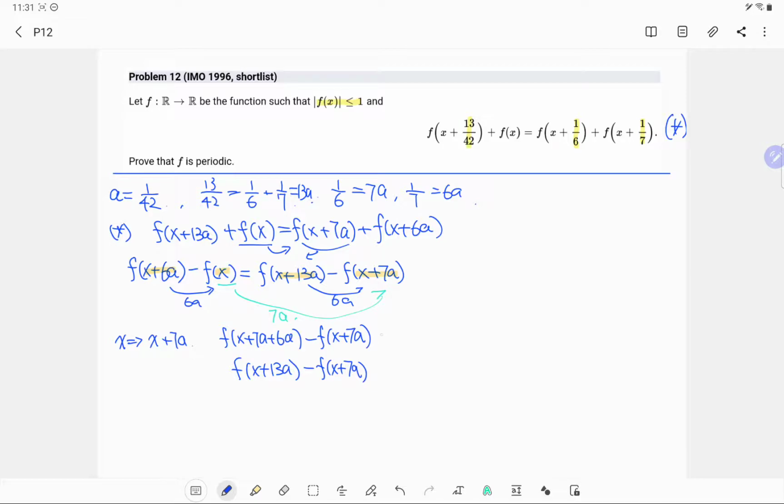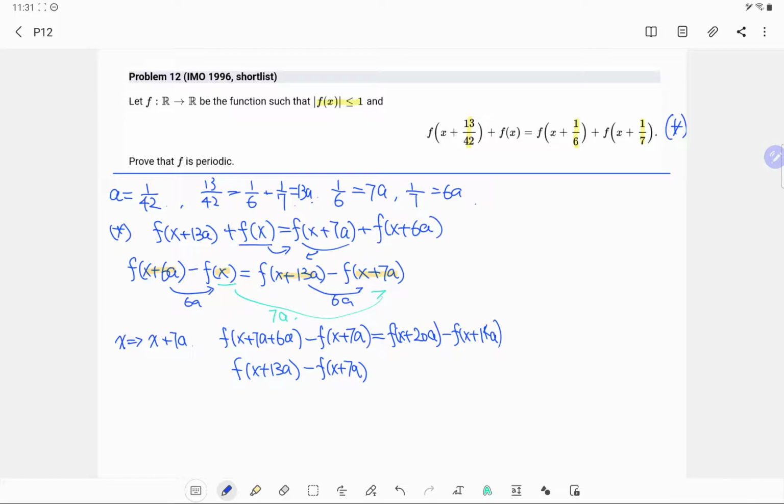But for the original equation, if we replace x by x + 7a, we will get f(x + 20a) - f(x + 13a). Sorry, this should be 14a.